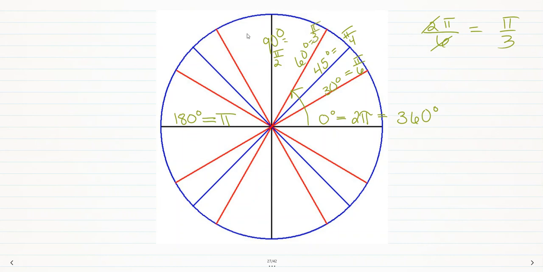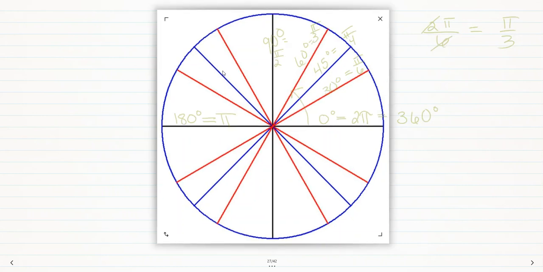But I could continue wrapping all the way around the unit circle really quickly. I'll show you how I do that. I start here at the 0, and then I do these quarters. So 45 degrees plus 45, so 45 times 2 is 90, 45 times 3 is 135.